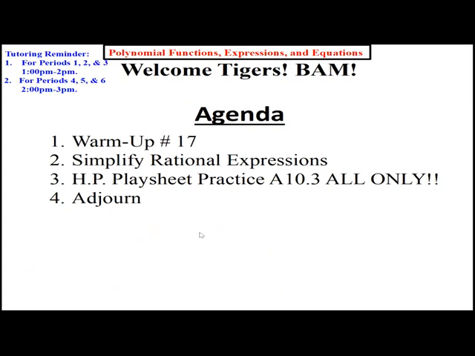So your agenda for today is warm-up number 17. We're simplifying rational expressions. And our home play is play sheet practice A 10.3, all only. Play sheet practice A 10.3, all only.